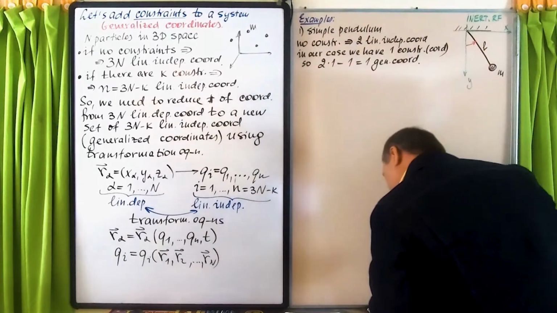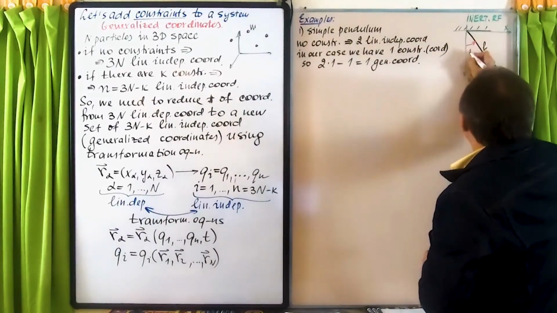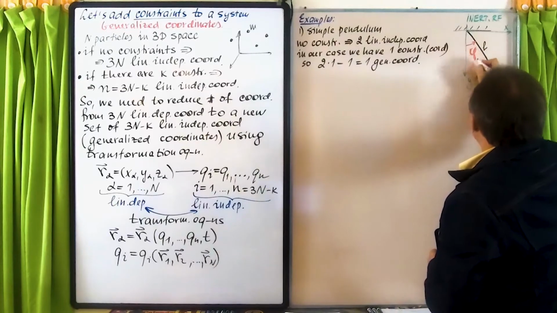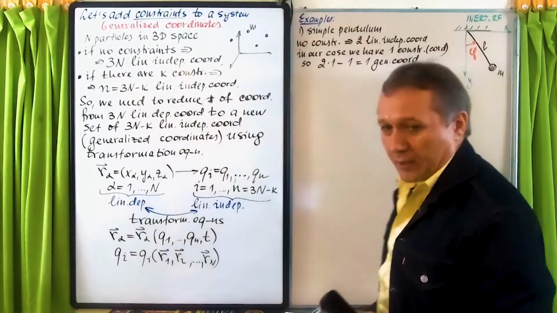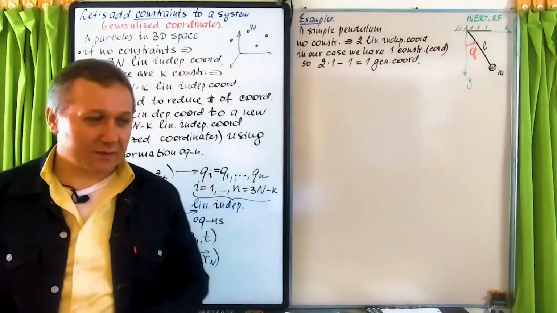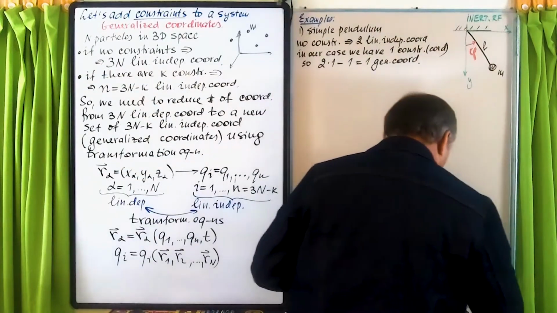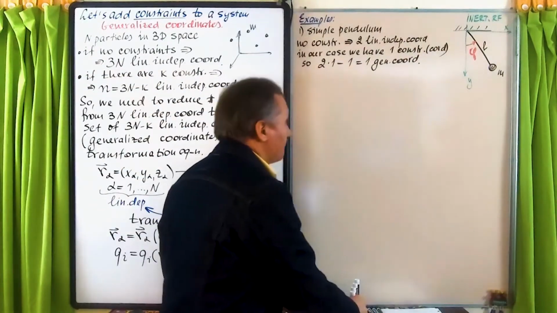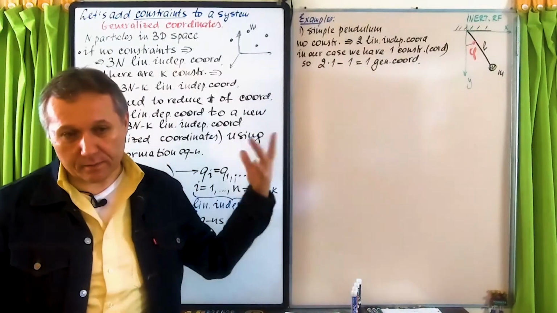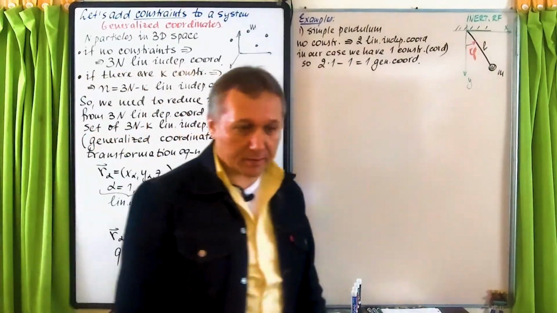Which one did I use? Theta? Phi. Okay. Phi. So this is the best coordinate. Of course, you can use the other angle which complements this to 90 degrees, but this angle is the best.